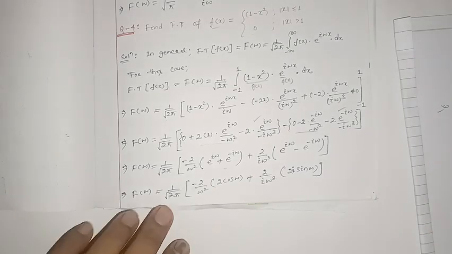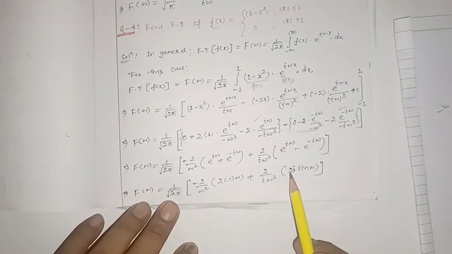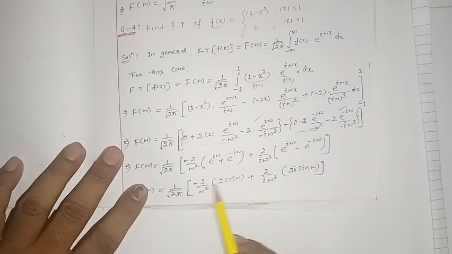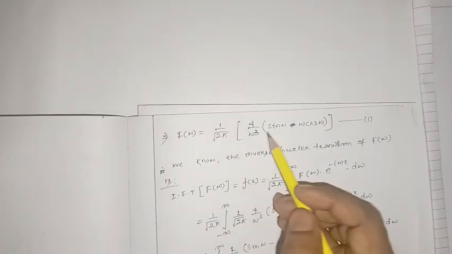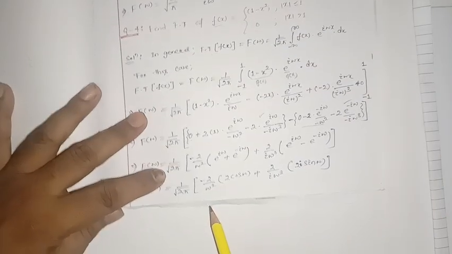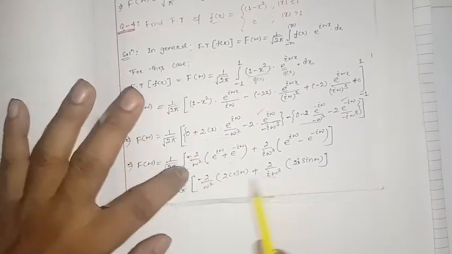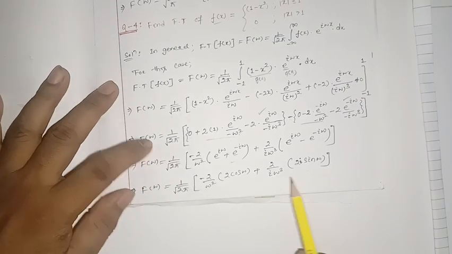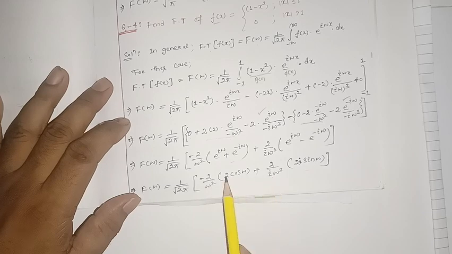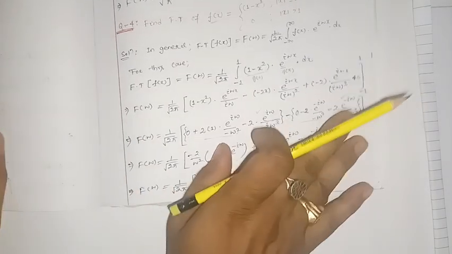Okay, so here the 2 and 4, the i get cancelled, and this is 4, so we can take 4 outside, written as such 1 by root 2 pi times 4 by omega q. If I add together, then this is omega q, this is omega square. So one omega will be multiplied, and this is minus itself.